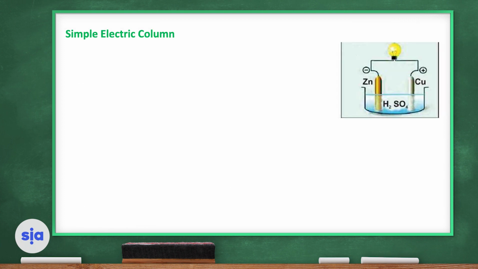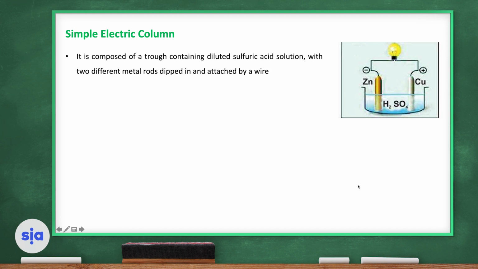Now, this is a simple electric column. It is composed of a trough containing diluted sulfuric acid, H2SO4, solution with two different metal rods dipped in and attached by a wire.